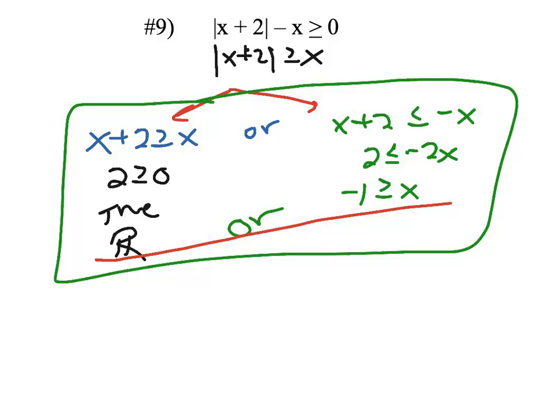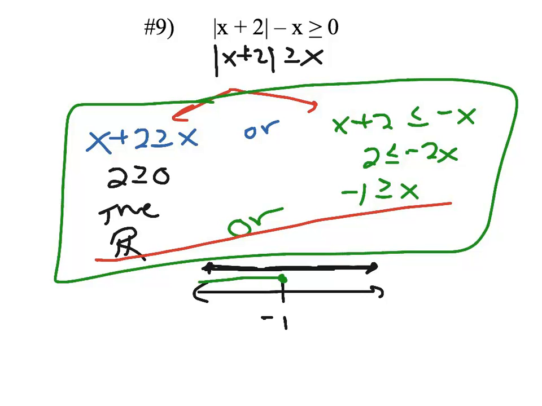When you combine those on a number line, all real numbers is everything. X is less than or equal to negative 1 is a closed circle at negative 1, and less than goes to the left.